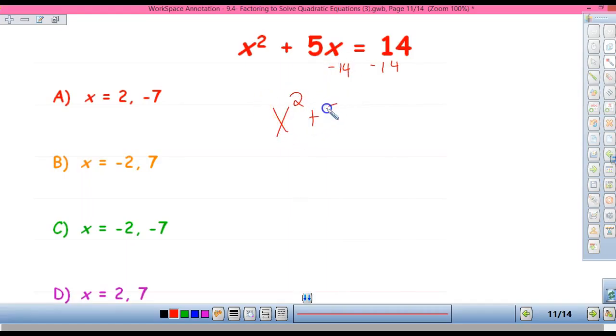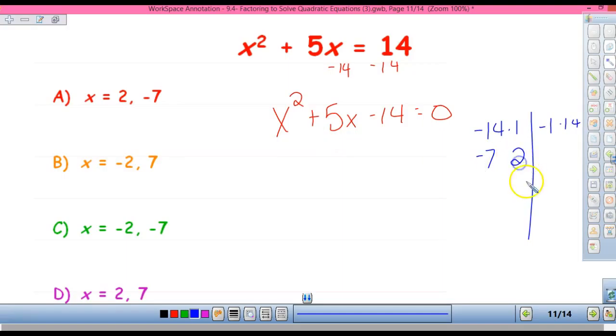X squared plus 5x minus 14 equals 0. Now we can go ahead and factor that. We need a negative 14, so negative 14 times 1, or negative 1 times 14. That doesn't work. That doesn't give us a 5. So then we can try negative 7 and 2, getting close, or negative 2 and 7. Okay? Which one of those works?